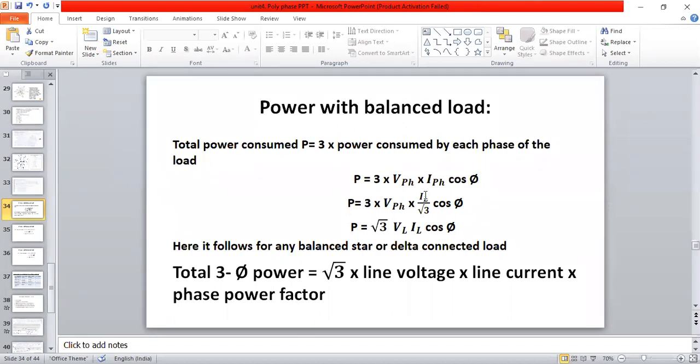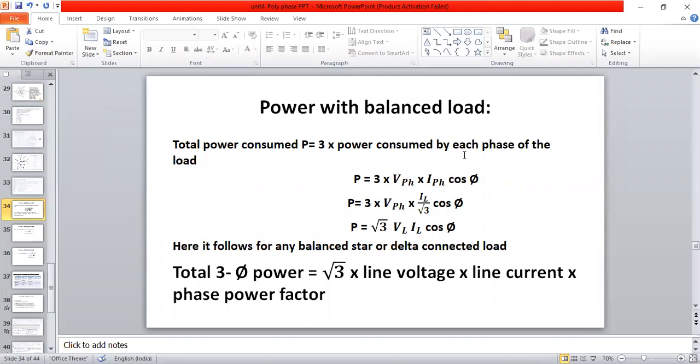For the balanced condition, we take any one phase load and multiply by 3. So the total power consumed, P, equals 3 times the power consumed by any one phase.